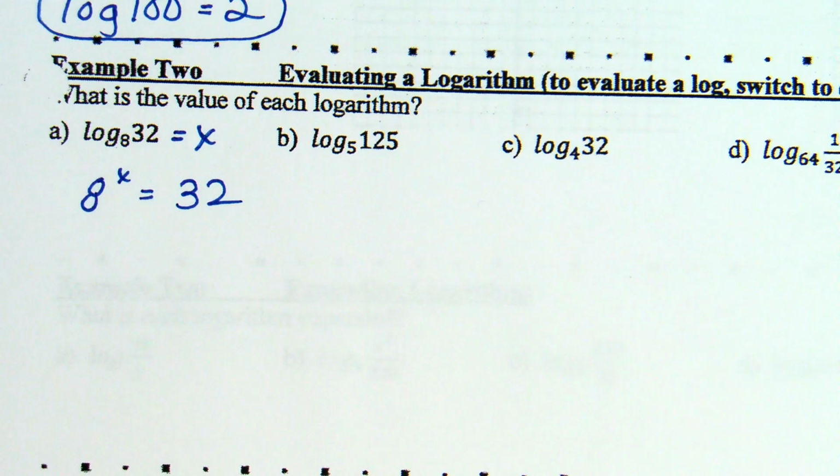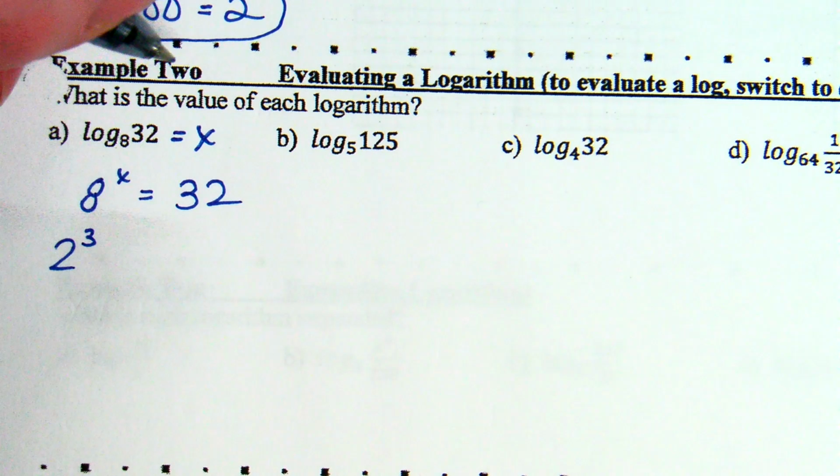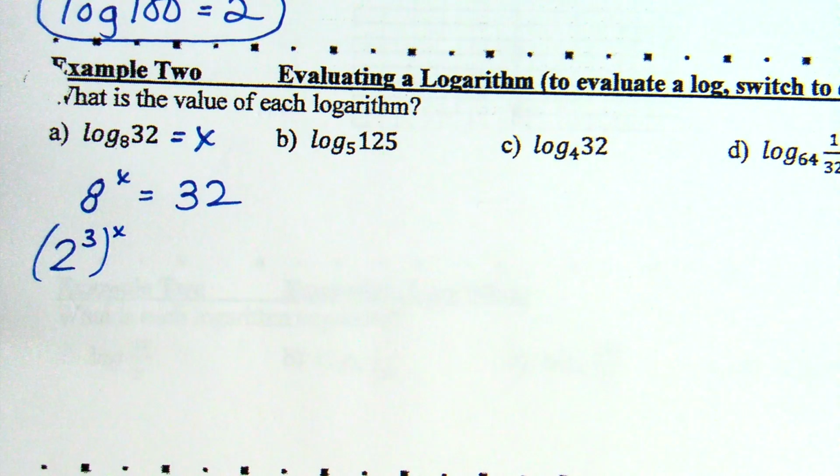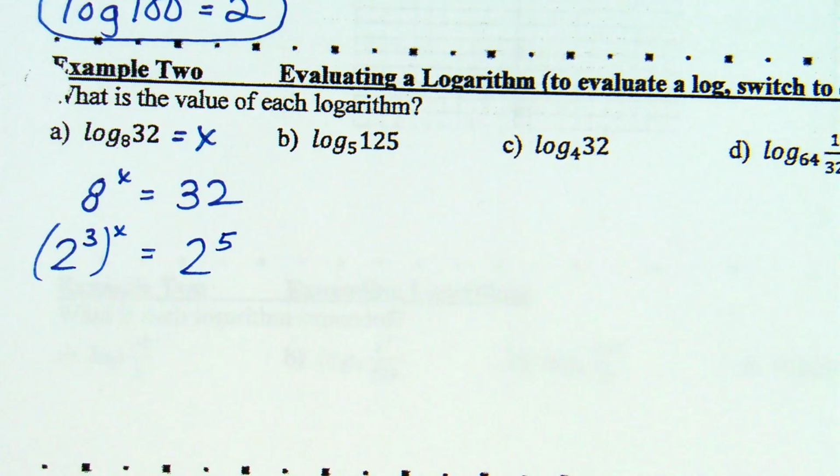So 8, you just told me, was 2 to the third, yes? And this is raised to the power of x. 32, you just told me, is 2 to the fifth. Did I just rewrite these with the same base?